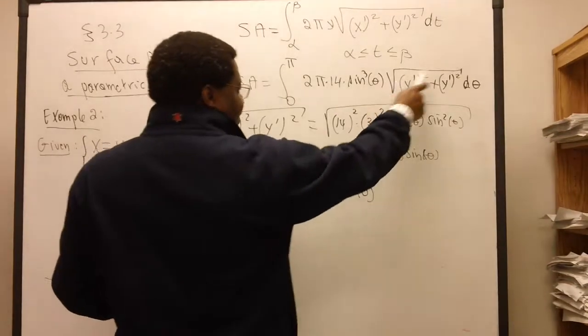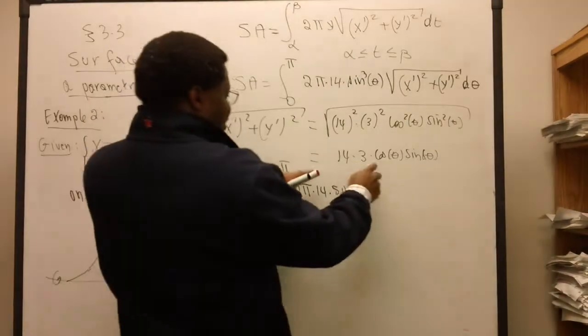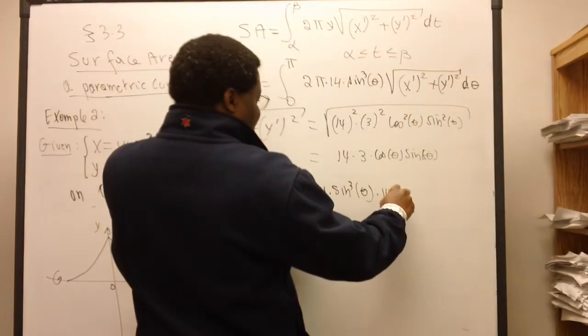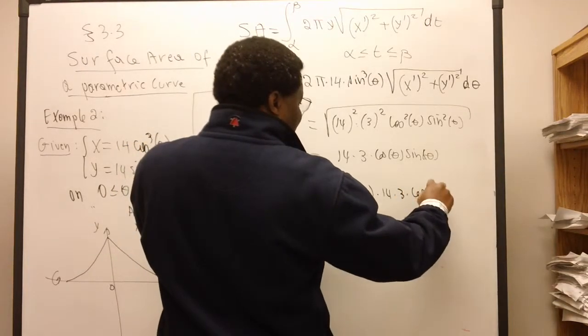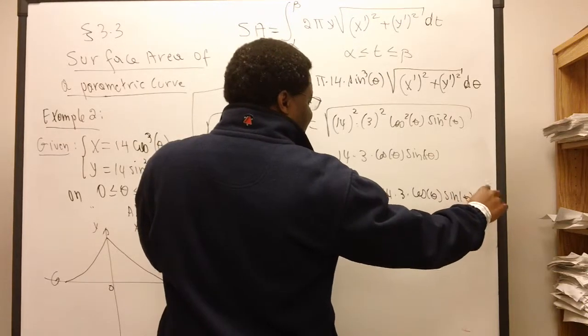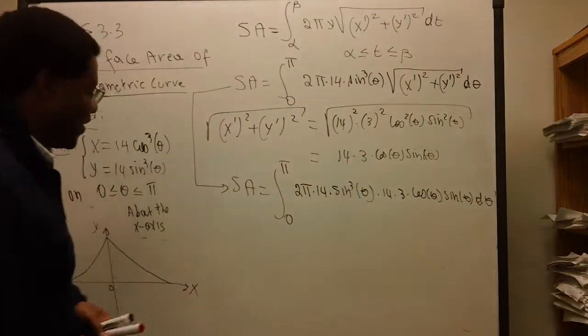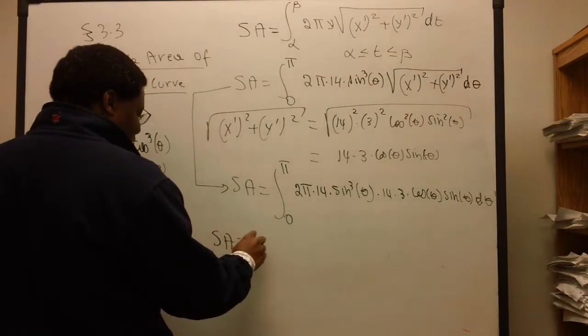And now this square root of x prime squared plus y prime squared is now 14 times 3 and then times cosine theta and then times sine theta and then d theta. There we go. So we have this integral to evaluate.